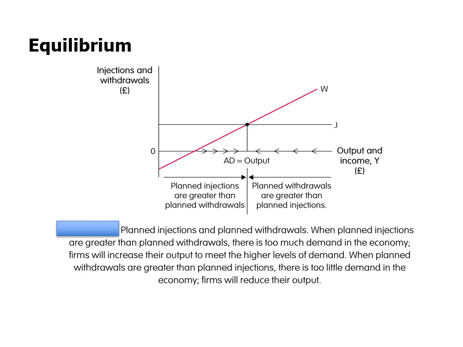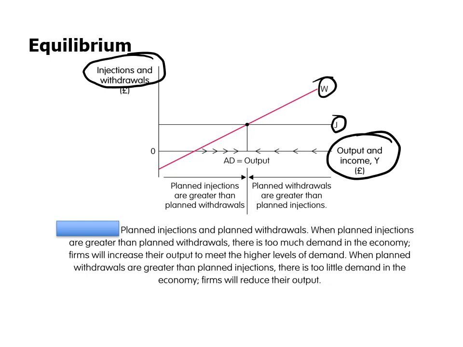All right, let's talk about equilibrium in the economy. Okay, so if we have a graph where we plot our injections and withdrawals on the vertical axis against our output and income on the horizontal axis, we said we could denote our injections by J, remember, and our withdrawals by W. We said our injections were autonomous of national income, so they didn't depend on national income.